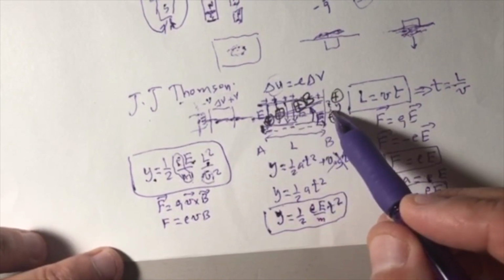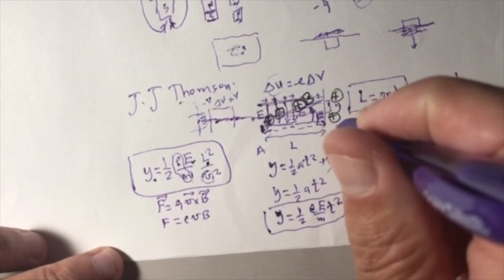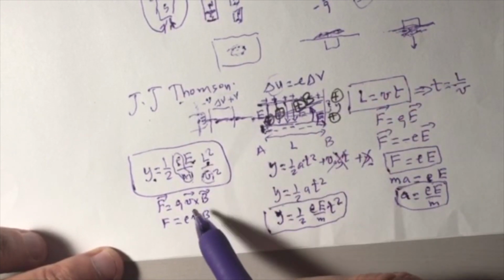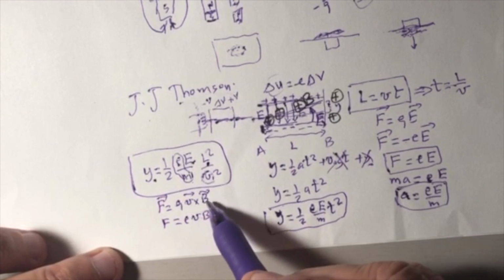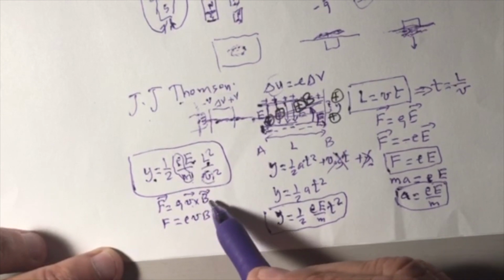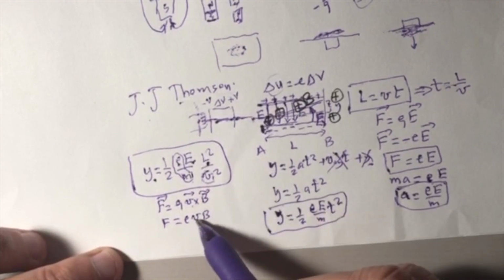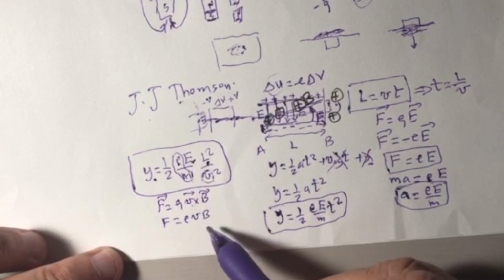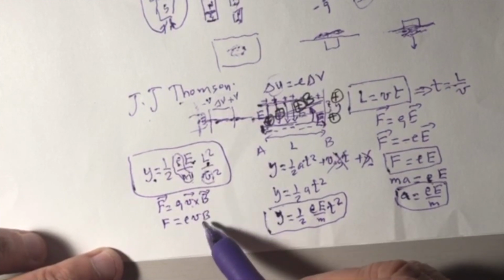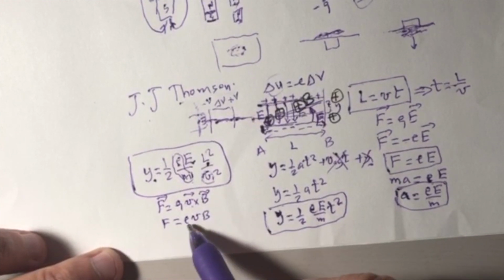The velocity is going to the right and the B field is going into the paper, so they're perpendicular. So sine theta between v and B is just 1 because the angle between v and B is pi over 2. So the force will be just qvB.